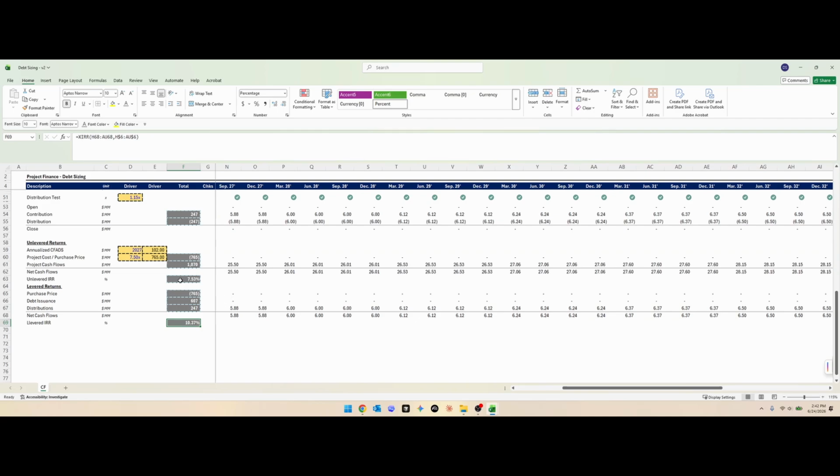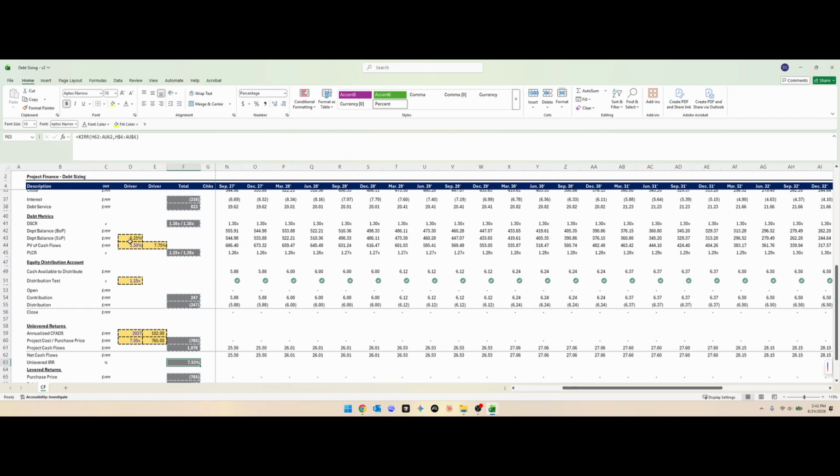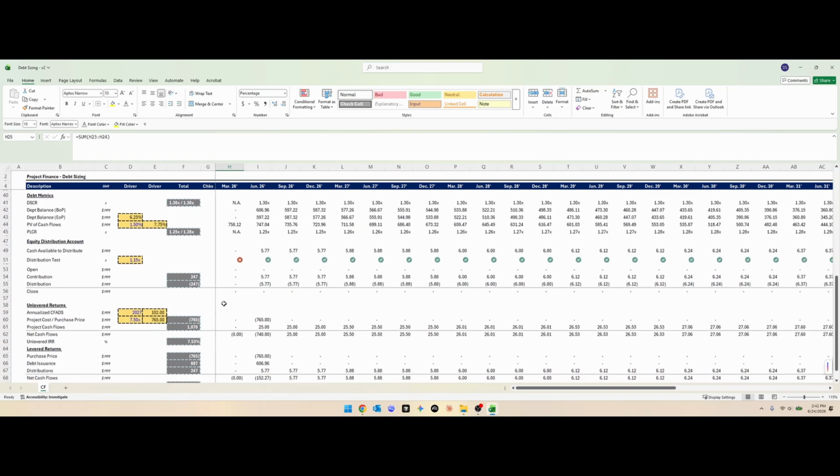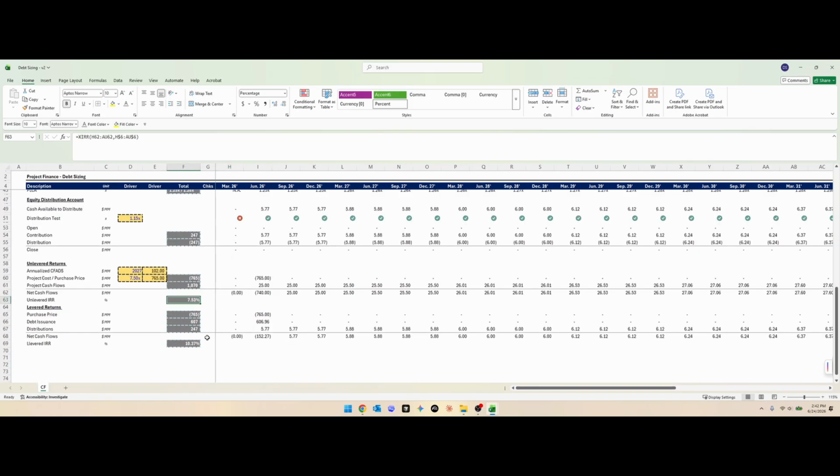10.37%. And that makes sense because our debt cost of capital at 6.25% is less than our project return. And you'll see, we'll do some quick analysis here on the IRR.